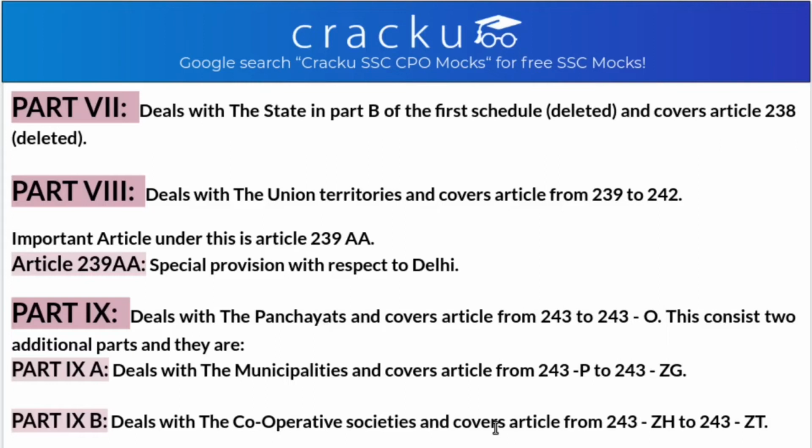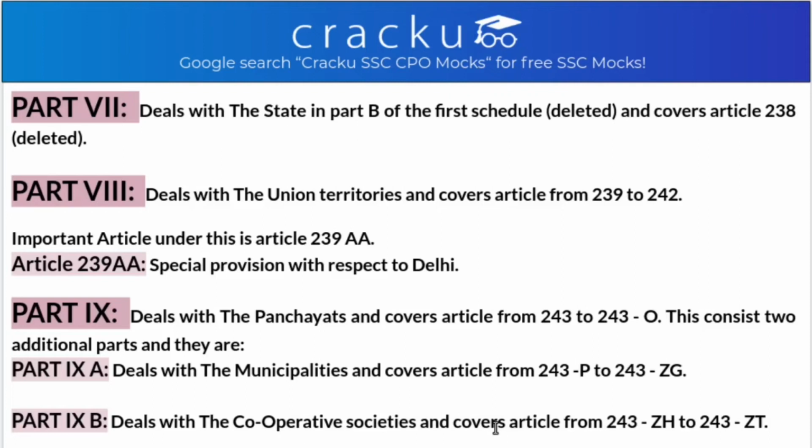As under one article, if there is some other information, it goes 239 A, B, C, D, E, F till the last alphabet, that is Z, and once the Z is completed and even we have more information to add, then it again continues at AA, AB, AC and so on. So the important article under this is Article 239 AA.